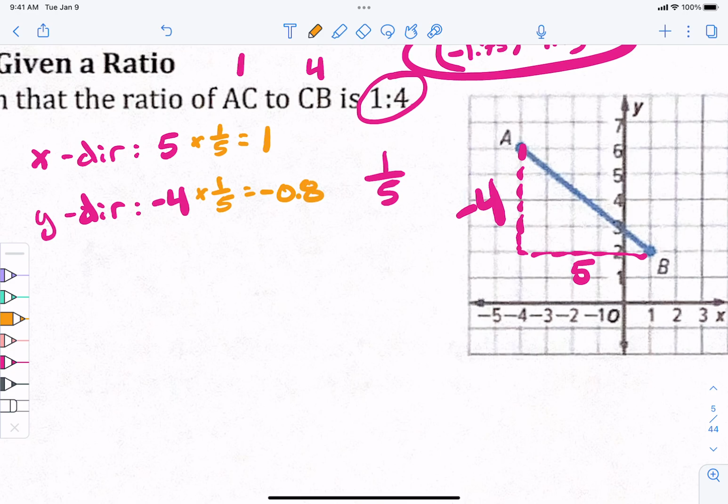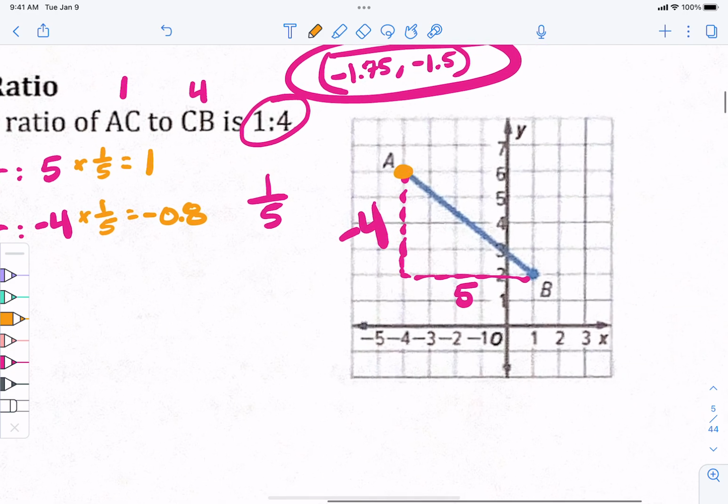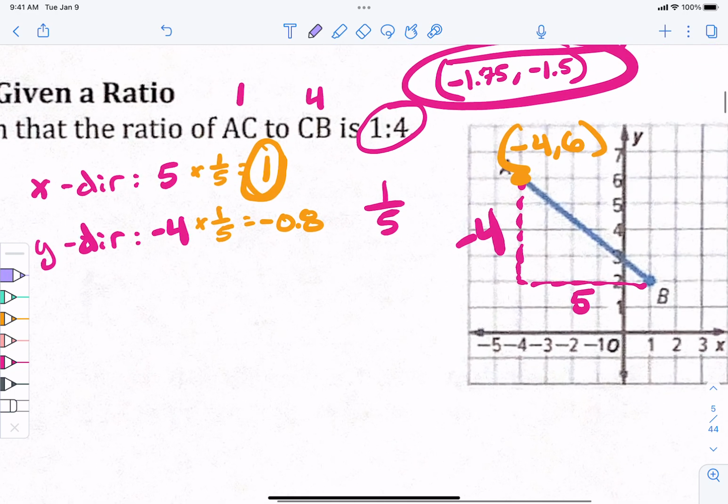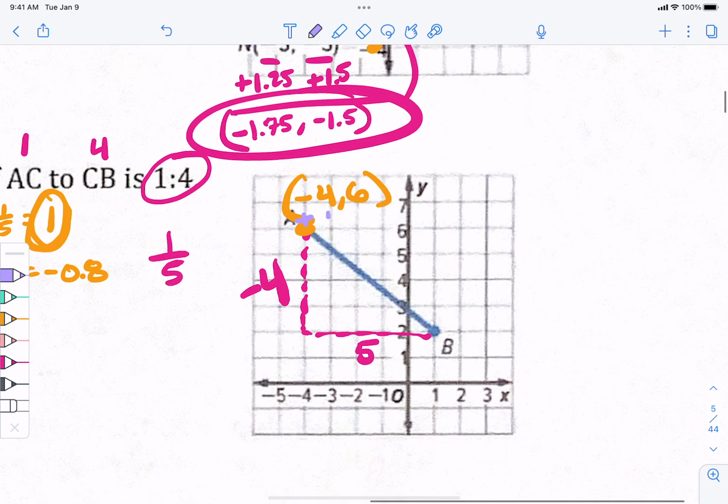Okay? So, what I want to do is, if I'm starting at A, what coordinate is A, by the way? -4, 6. Okay, I want to add 1 to which coordinate? To the x coordinate, right? I'm going to add 1 to the -4, right?